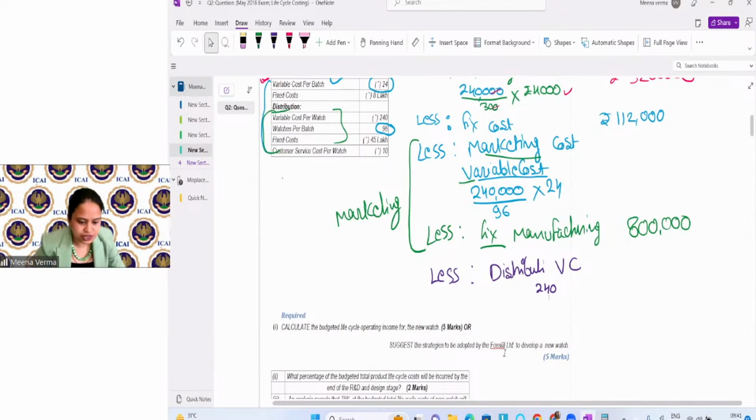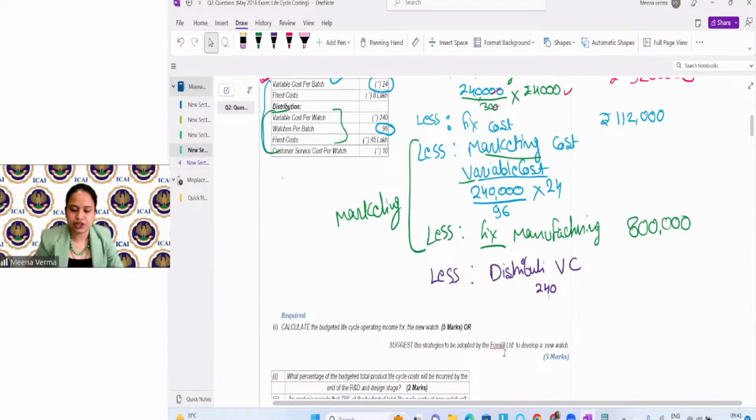Then less distribution cost per batch. You will see how many batches we have. This is the total quantity divided by 96 units in one batch, so this will give you the number of batches, into the cost per batch, which is 96.